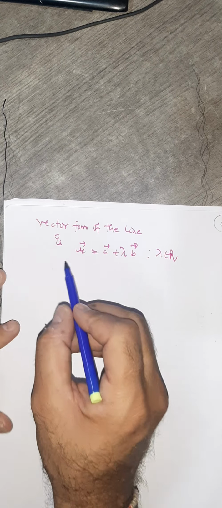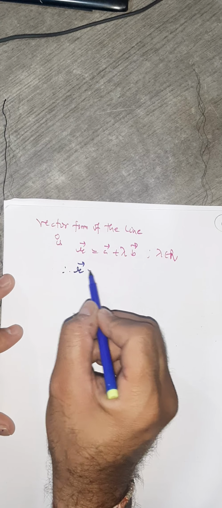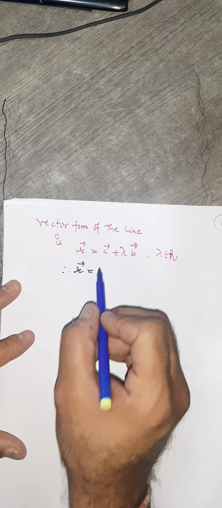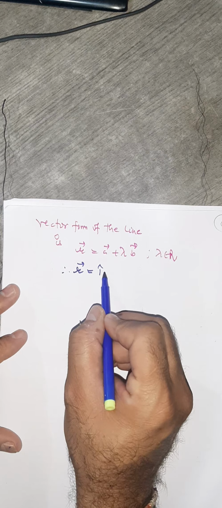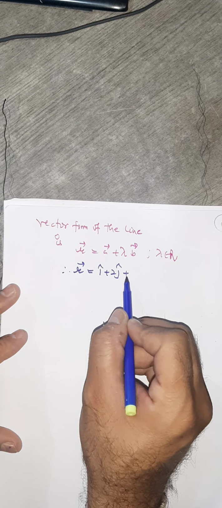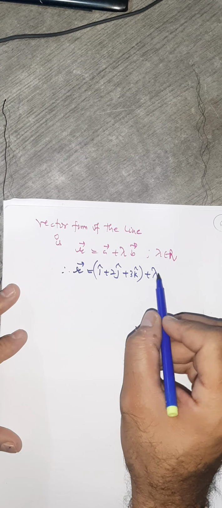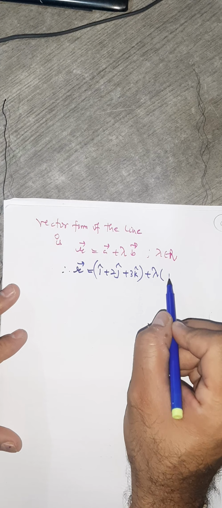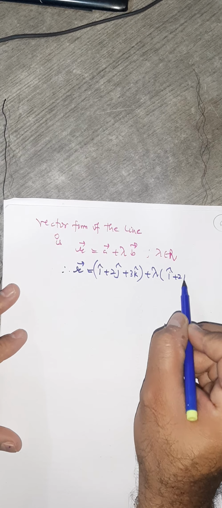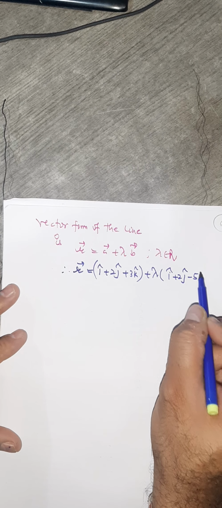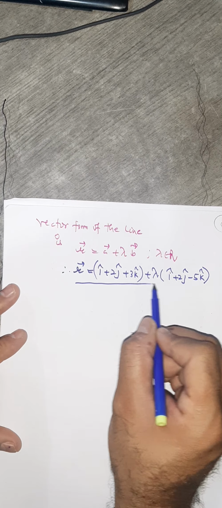So therefore we have here vector r, that's arbitrary vector. Which fixed point you are given here? I cap plus 2j cap plus 3k cap plus scalar lambda. What's the direction of the line? I cap plus 2j cap minus 5k cap. This is the required line.